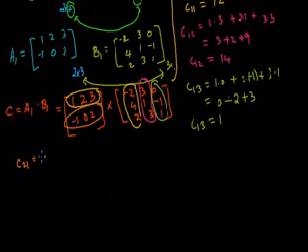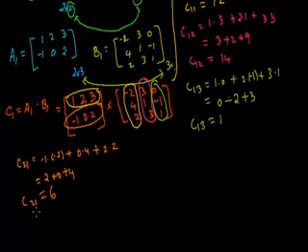Minus 1 times minus 2, plus 0 times 4, plus 2 times 2. That is 2, plus 0, plus 4. 2 plus 0 is 2, plus 4 is 6.